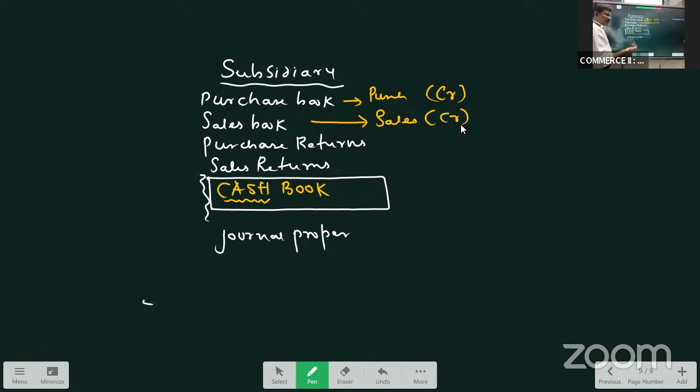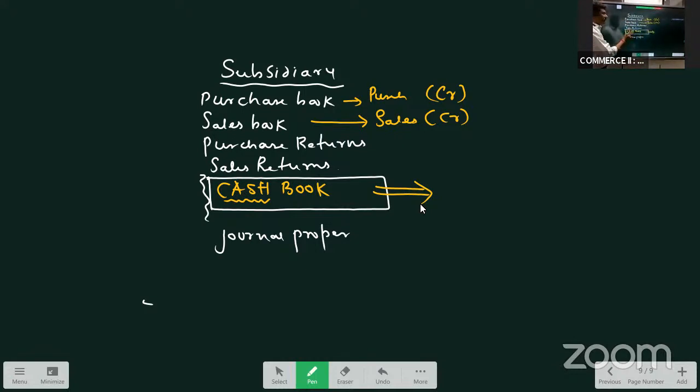What if sales is made on cash? What if we are paying salary, rent, advertisement expenses? What if we are receiving commission, interest, or payment from our customers? All those will be recorded in a book called cash book.